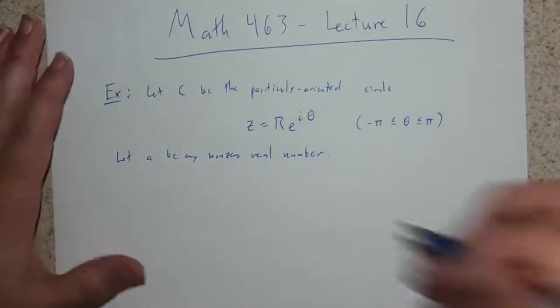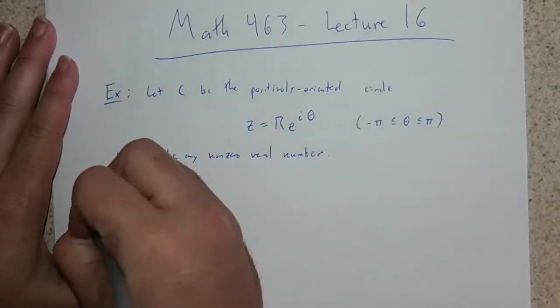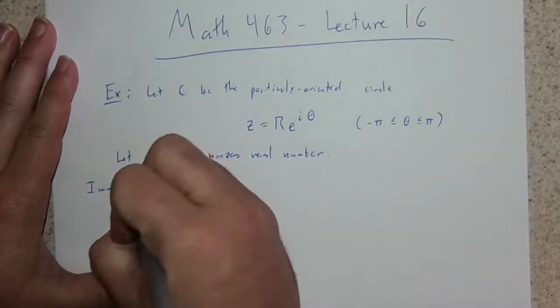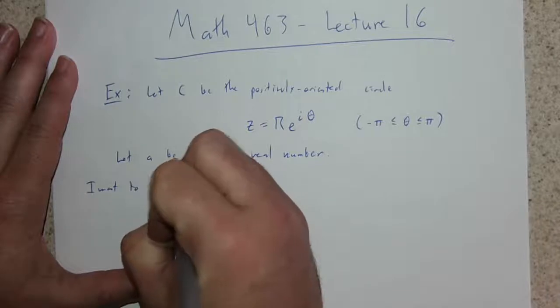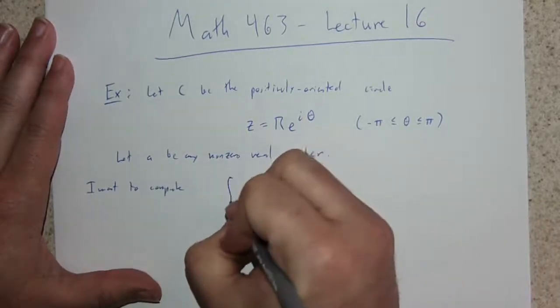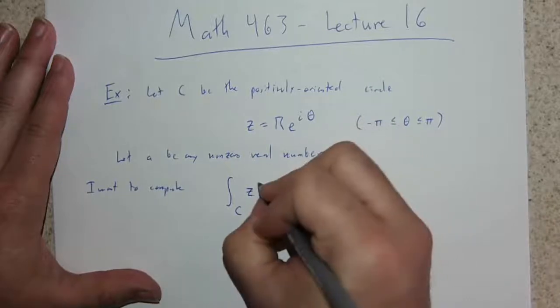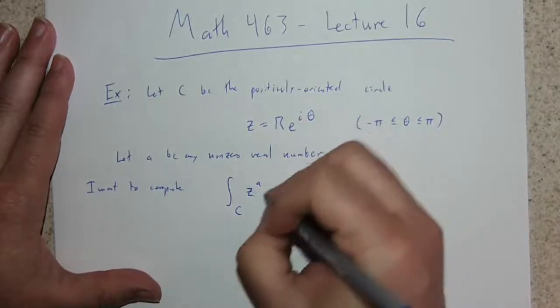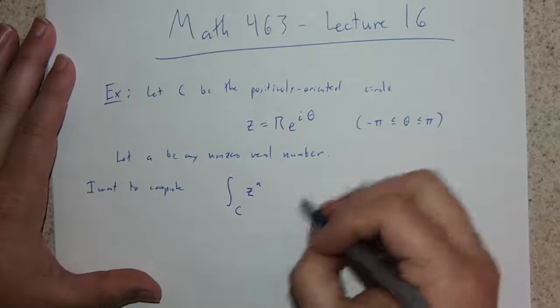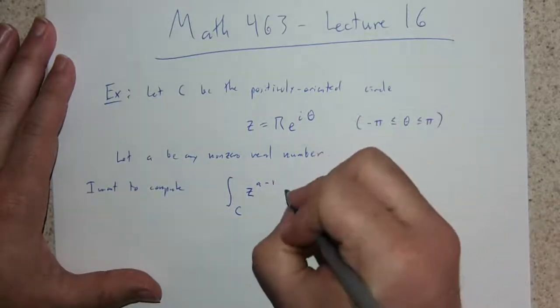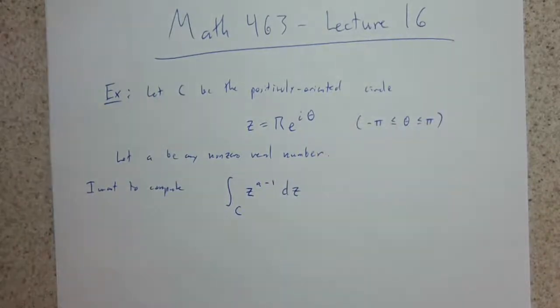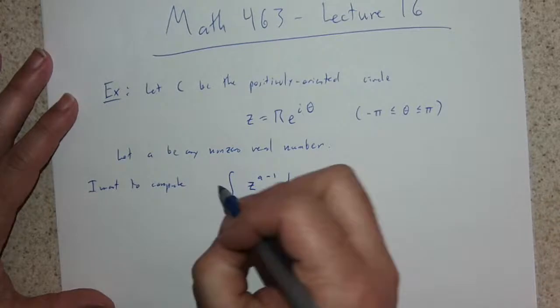Okay, so I want to compute the contour integral over C of z to the a minus 1 dz. We would be happy to compute this, or z to the a just as well.